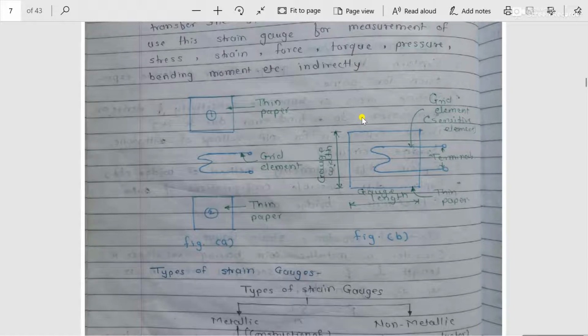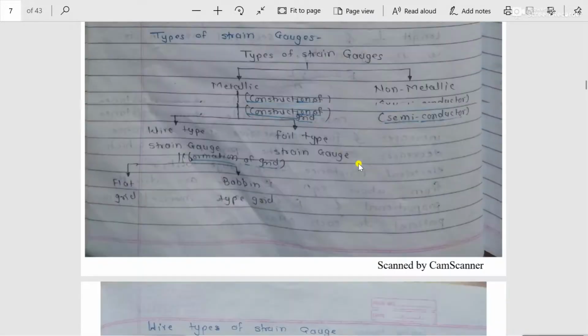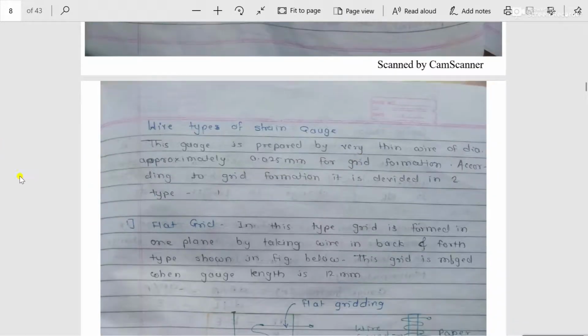So this is the basic definition: if the sensitive element or grid element of a strain gauge is prepared using a wire, that strain gauge is called a wire type of strain gauge.